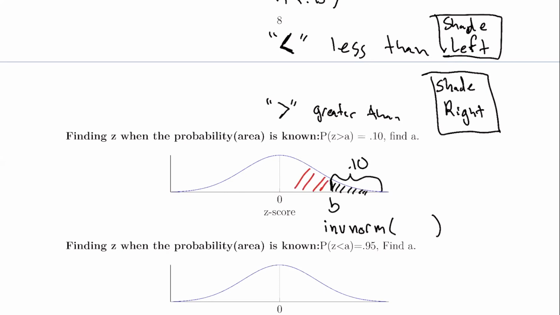So if the right side is 0.10, that means the probability of the left side is 0.90, because if I do 1 minus 0.10, you get 0.90. So once again, the complementary rule is coming into play. If you didn't understand the complementary rule before, you do want to get this locked down for these type of problems, because it will help you out.